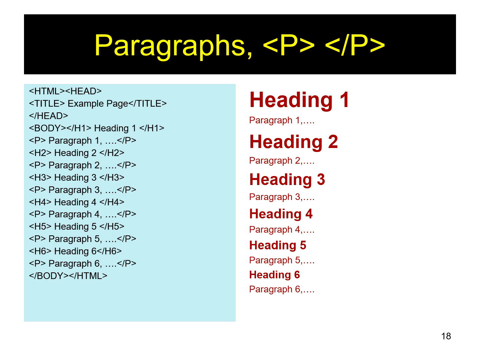Next we give h2, which denotes the h2 heading, then paragraph 2, then h3, then paragraph 3, h4 heading 4 paragraph 4, h5 paragraph 5, h6 paragraph 6. At the end we close the body tag as well as the html tag. At the right side you can see the result, where heading 1 and paragraph 1, heading 2 and paragraph 2 appear in higher to lower order.